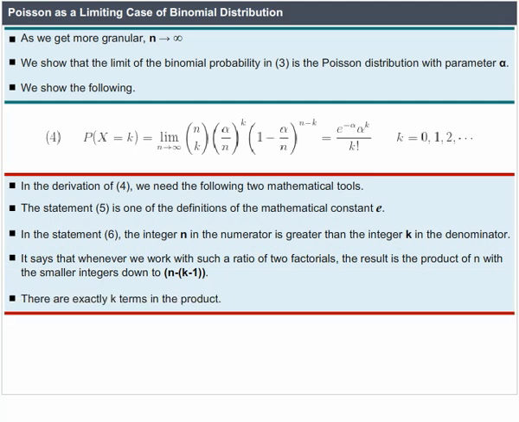Equation 5: the limit as n tends to infinity of 1 plus x by n whole power n equals e power x. Equation 6 implies n factorial divided by n minus k factorial equals n times n minus 1, n minus 2, etc., n minus k plus 1, where k is less than n. The following is the derivation of 4.